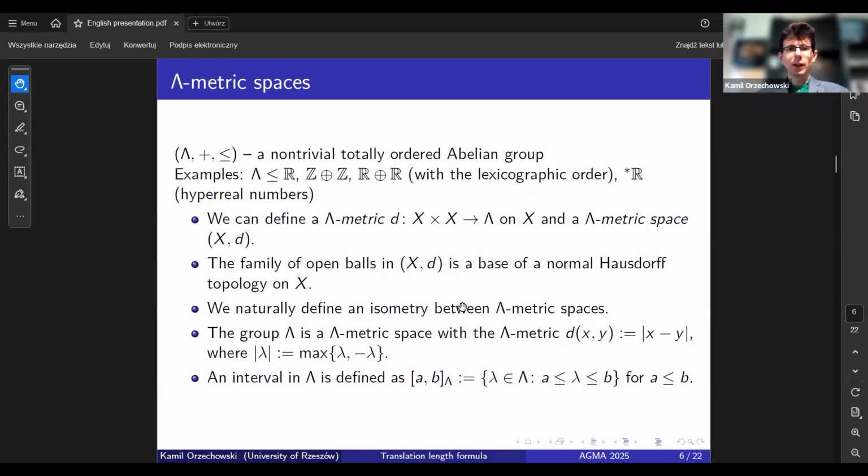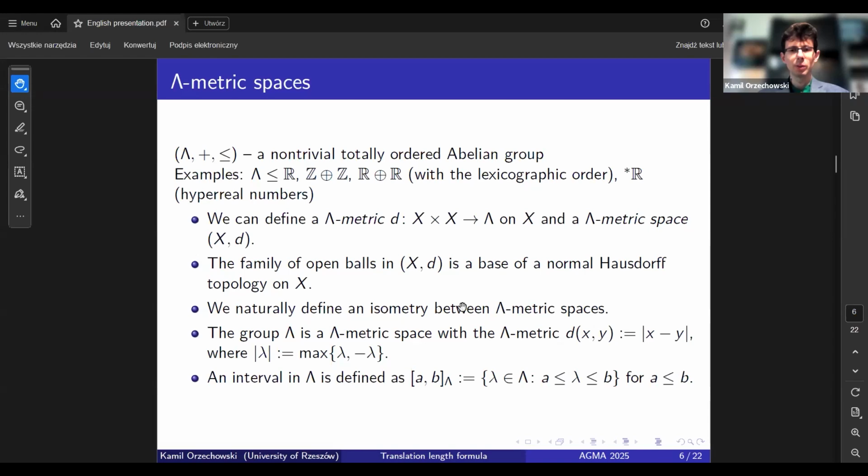We can define a lambda metric on a set X as we define a usual metric, except that we allow the metric to take values in lambda instead of R. The conditions are natural, triangle inequality, etc. And as we would like, the family of open balls is a base of a normal Hausdorff topology.